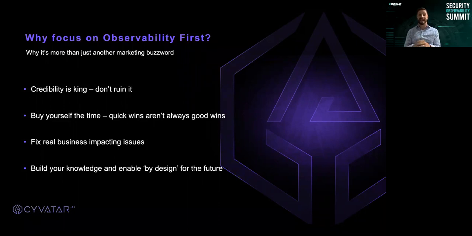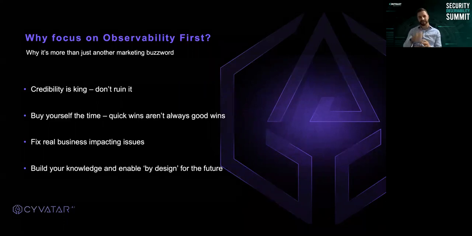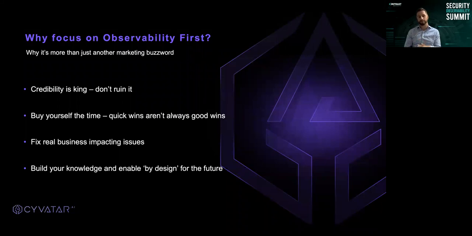And the reason I say that is because prior to it being the next big thing in security, whether I called it that or not, I was already driving security programs with observability at the heart. And this is why.